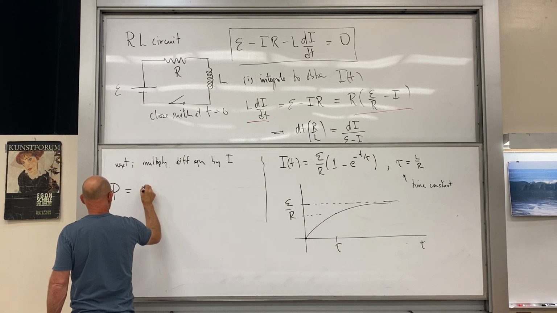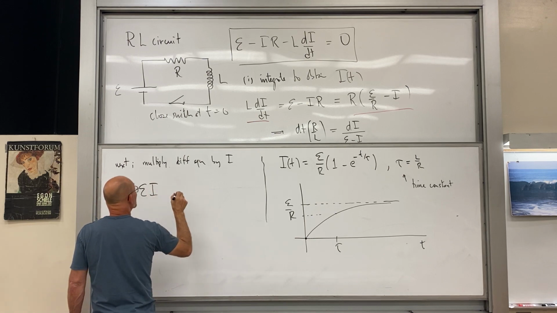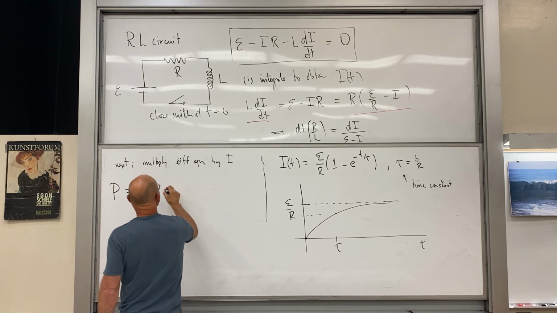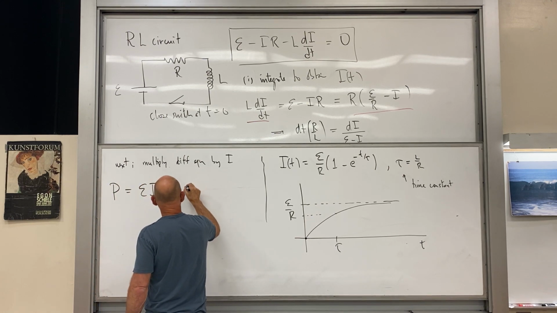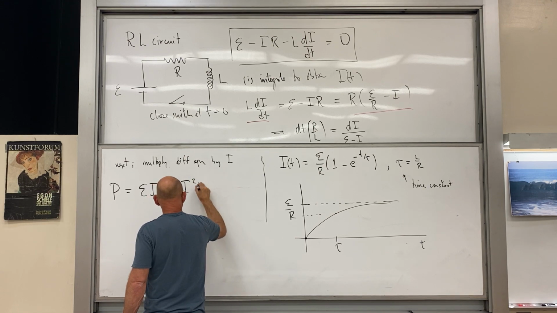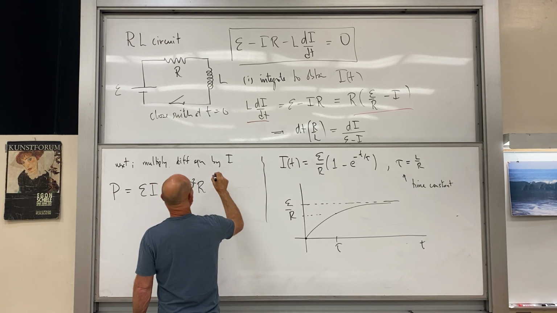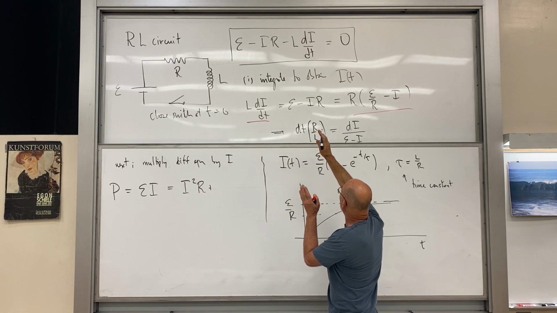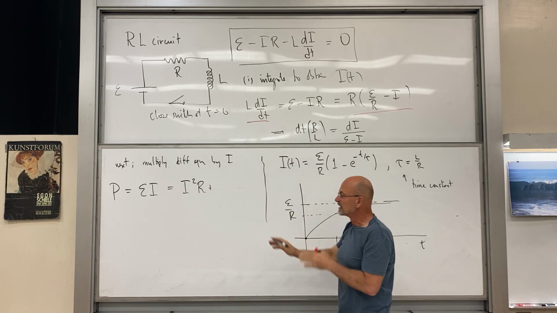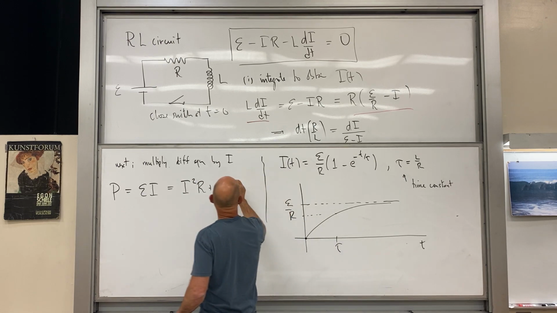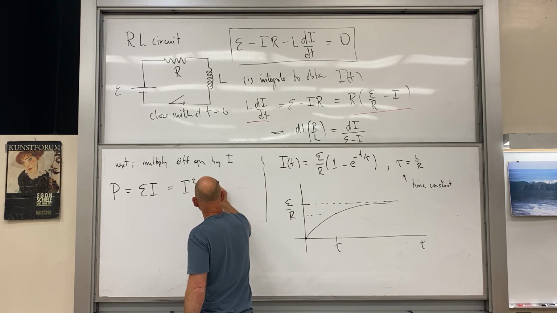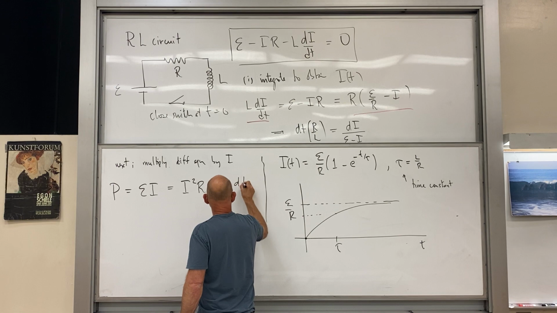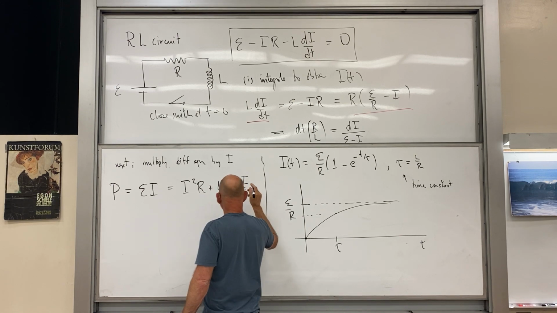P is equal to EI is equal to I squared R plus, right? I brought the IR minus L di dt over to the right side, multiplying it by I, so L I di dt.